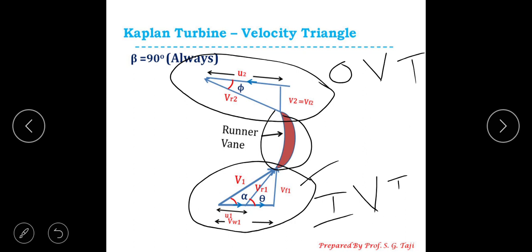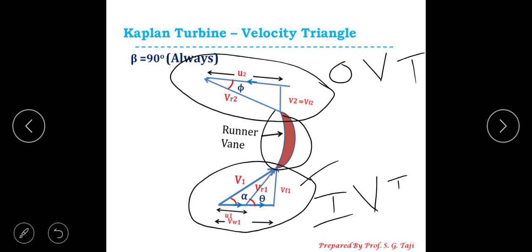U2, VR2, V2, Vf2 respectively. Absolute velocity at the outlet, relative velocity and velocity of flow.